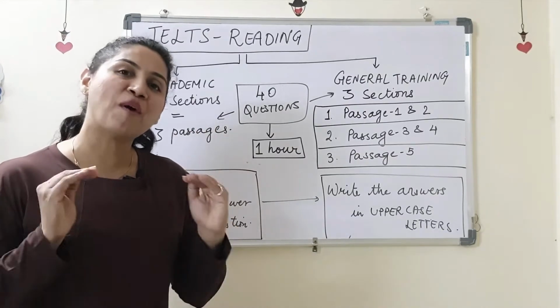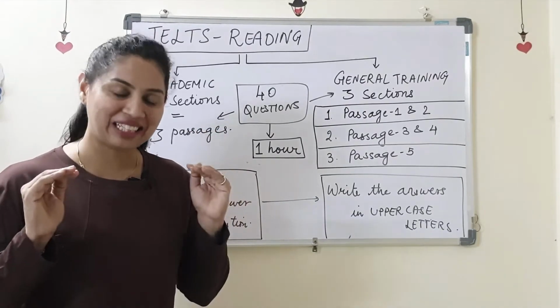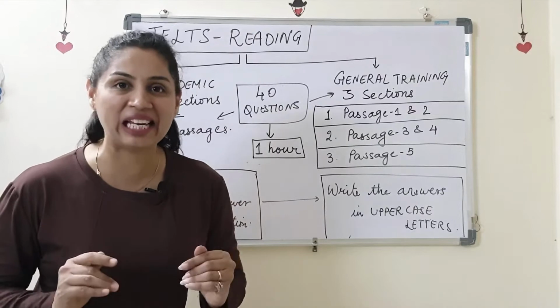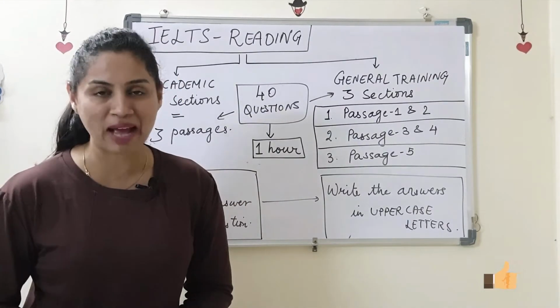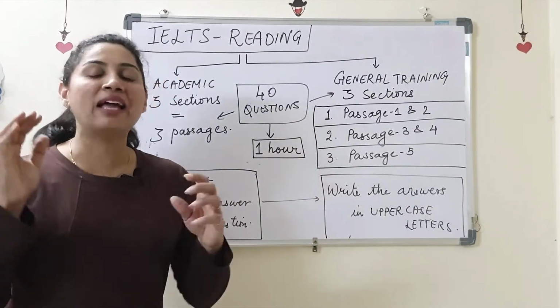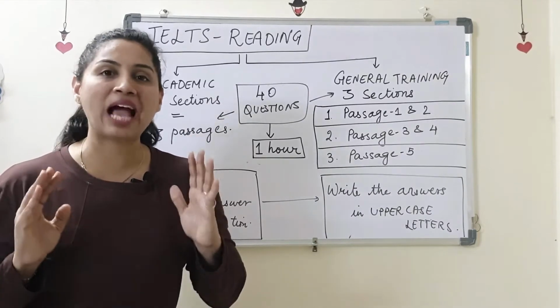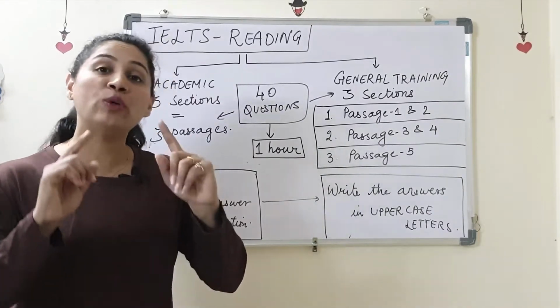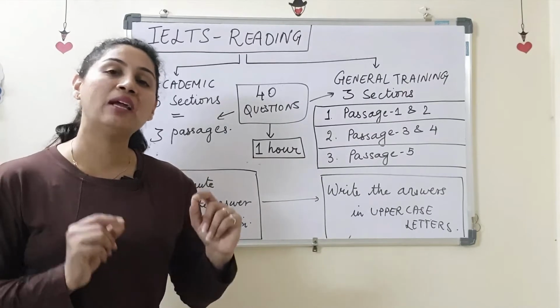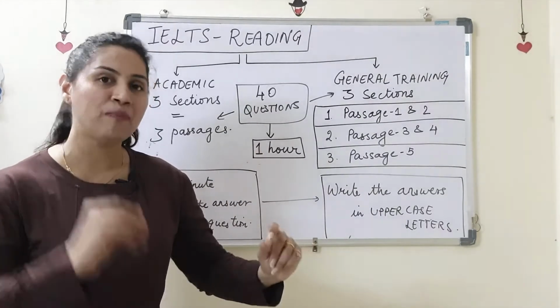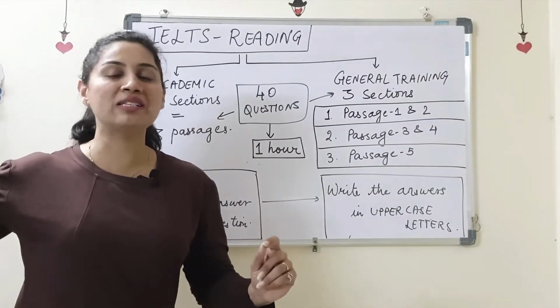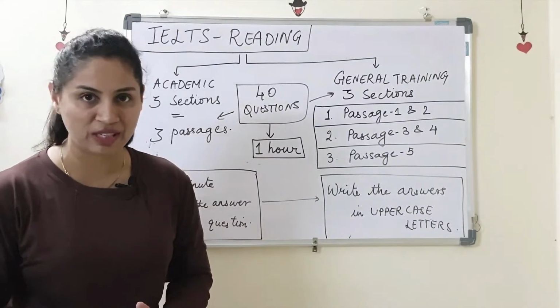If you answer all 40 questions correctly, you score 9 bands. There is a table, a band descriptor, which describes how many answers you have answered correctly and what band score you have achieved.